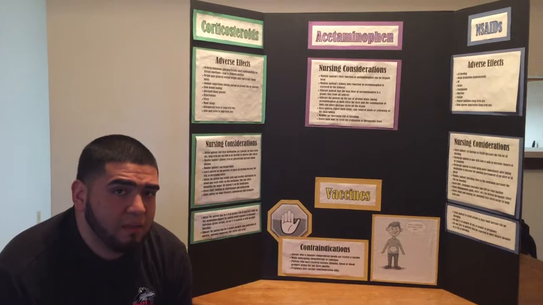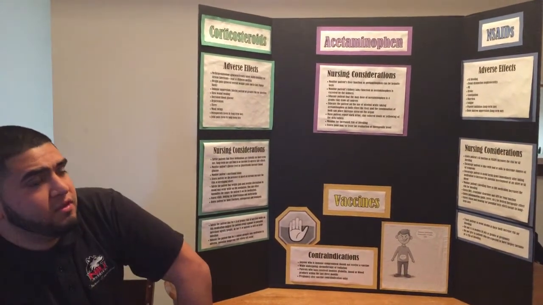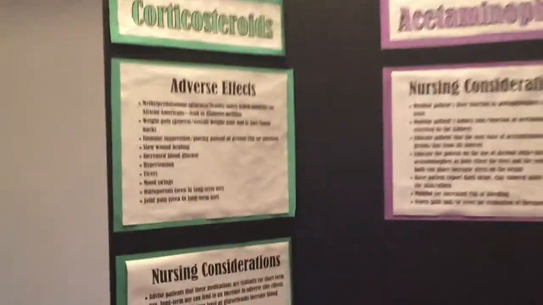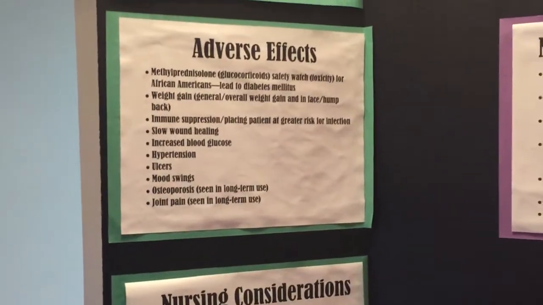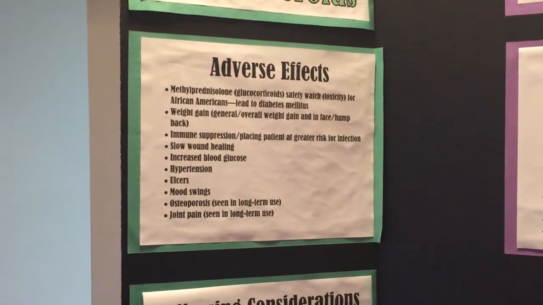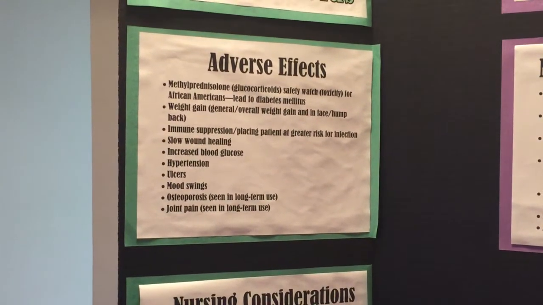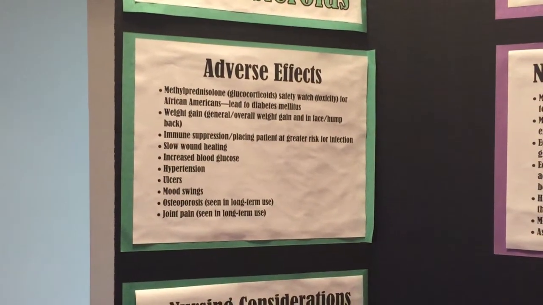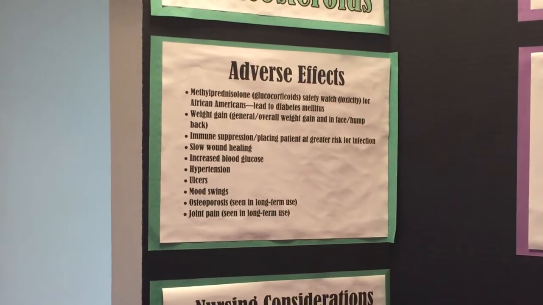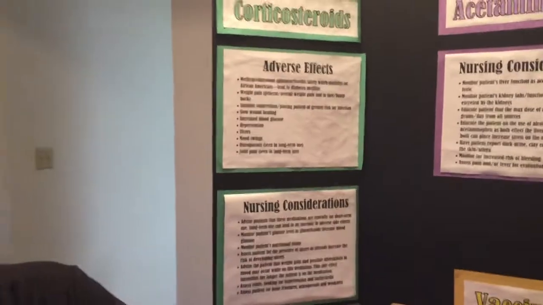Some of the adverse effects that come from this, you can see right here, are that you're going to see patients with mood swings, because corticosteroids are there to replace cortisol from adrenal insufficiency or anything of that sort. And you're going to see slow wound healing, you're going to see ulcers, and after long-term use you're going to see osteoporosis and joint pain.